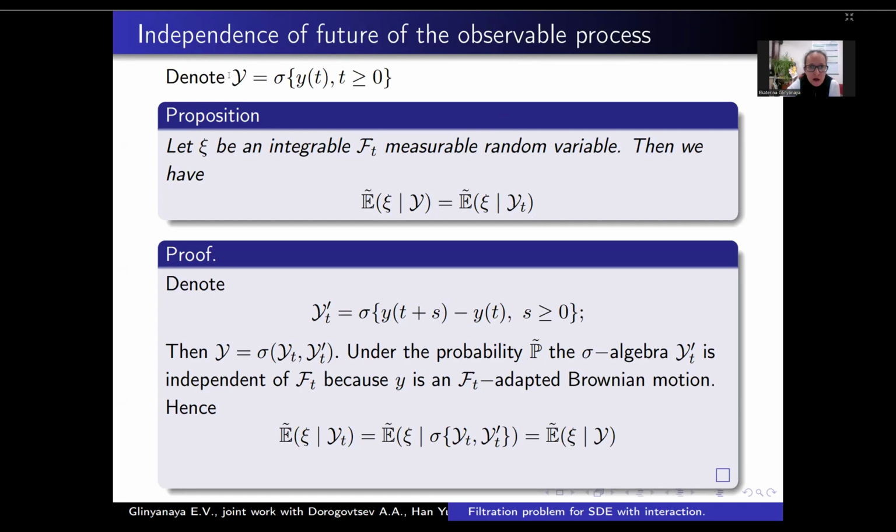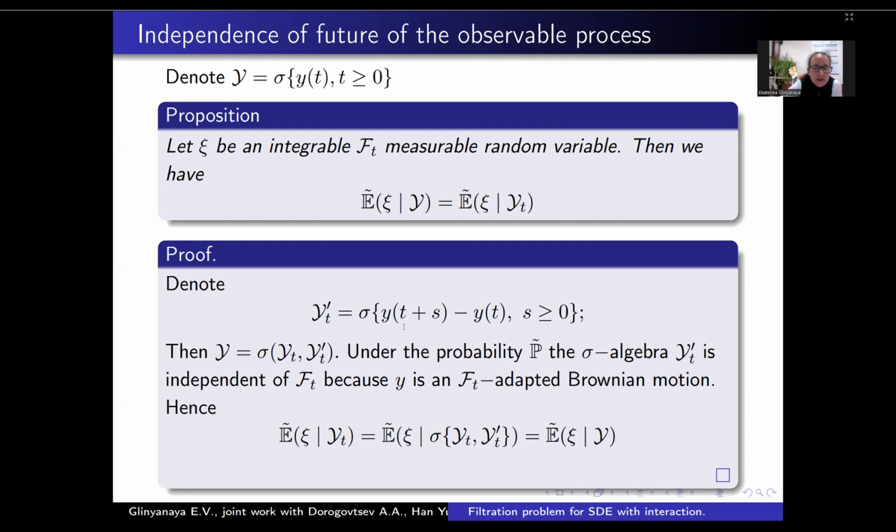So if I denote by y the sigma algebra generated by the whole observable process, and if I take some ft-measurable random variable, then the conditional expectation under the probability measure tilde is equal. So we will have the following equality.